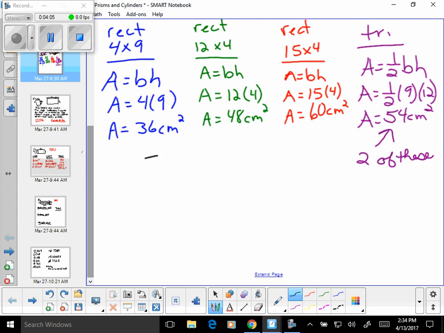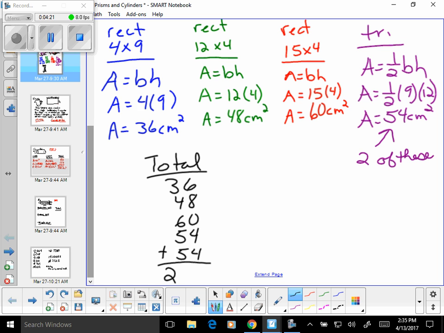So when I do the total, I'm going to add these all up. 36, 48, 60, 54, and remember you need 2 of those bases because we have a prism, so I'm going to add that in twice, and I should get 252 centimeters squared.